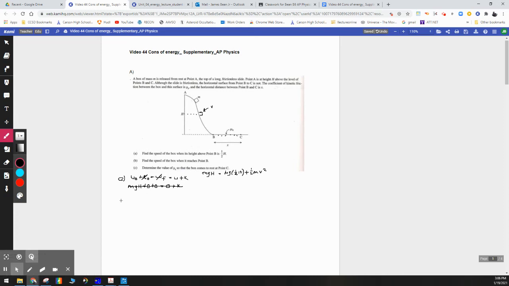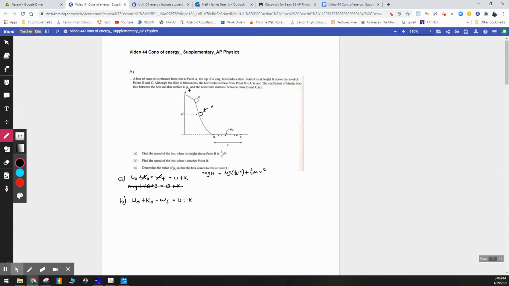Part B here is simply: find the speed of the box when it reaches point B. Now there is a shortcut, but we'll ignore the shortcut. Again, we'll start with potential energy initial plus kinetic energy initial minus any work done by friction, equal to final potential energy plus the final kinetic energy.